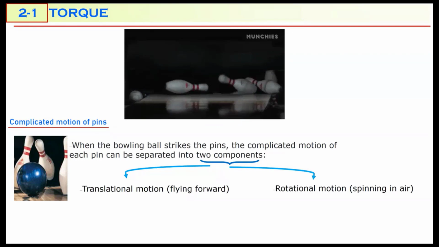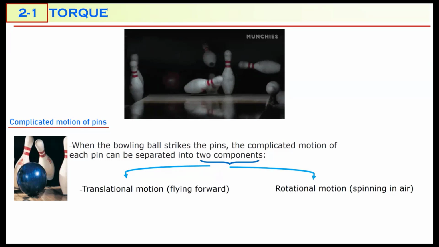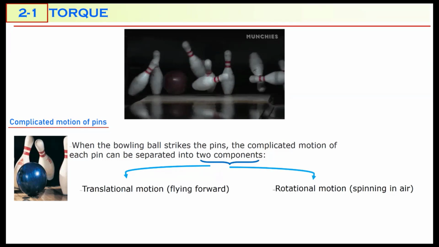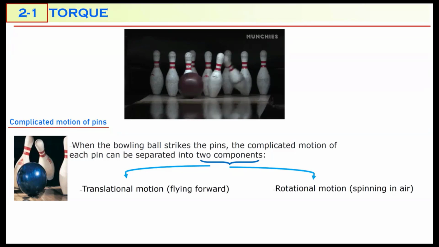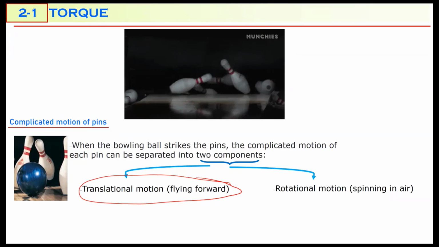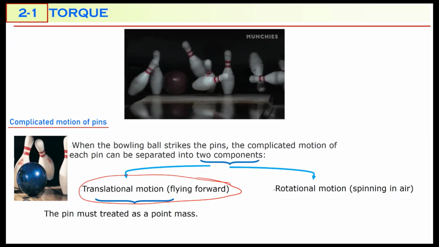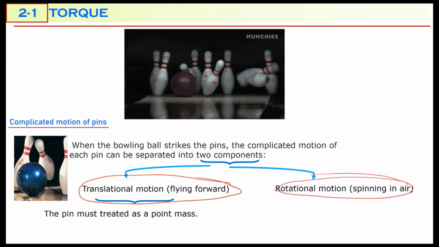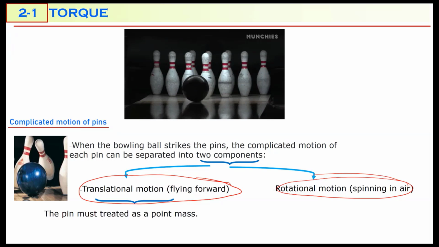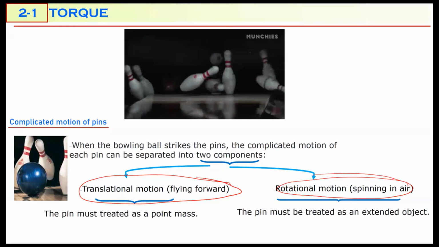The pin is flying forward, but at the same time, this pin can spin in air too. If you are studying the translational motion of the pin, you have to treat the pin as a point mass. But if you are studying the rotational motion of the pin spinning in air, in this case you have to treat the pin as an extended object.